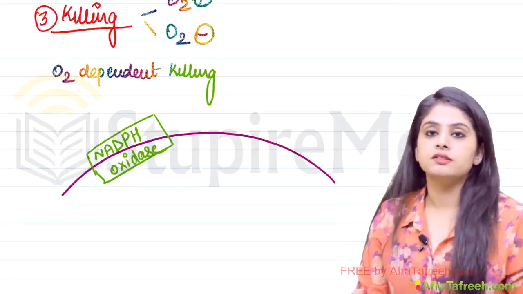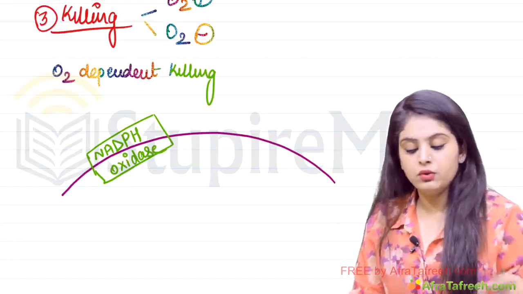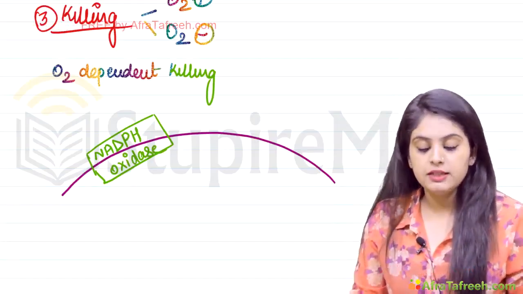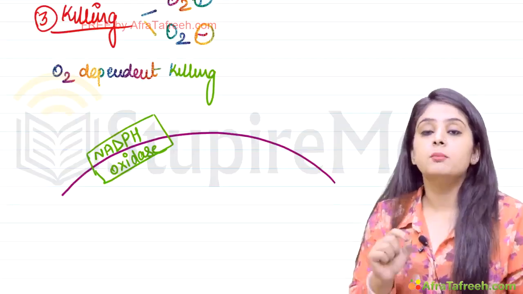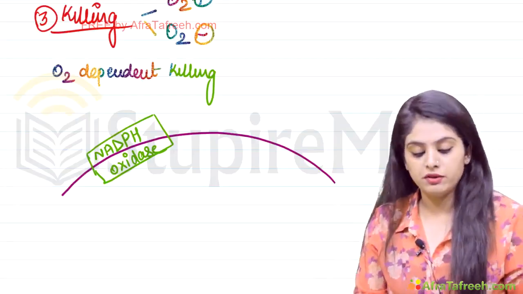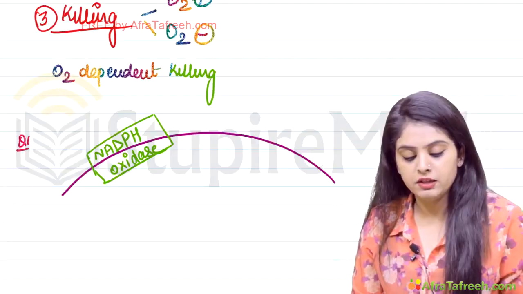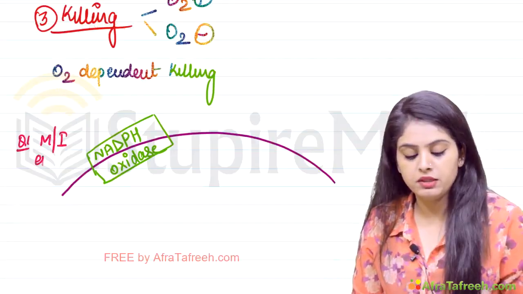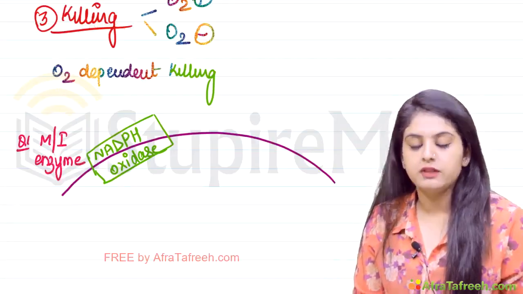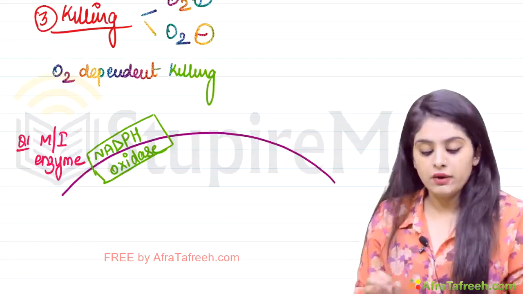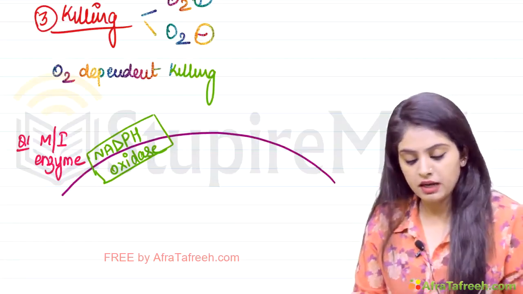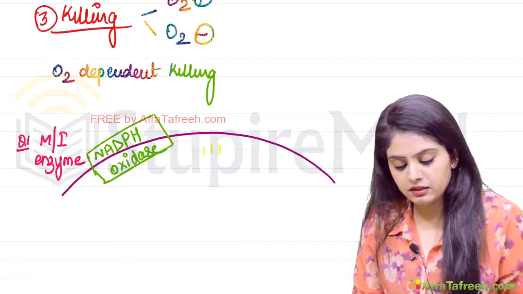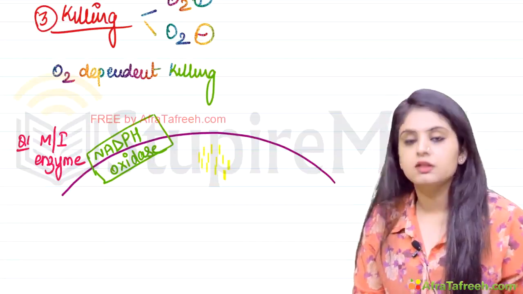NADPH oxidase. Now what do you need to know at the outset is, NADPH oxidase is the most important enzyme for phagocytosis. Question number 1. Now NADPH oxidase, parts of this enzyme are present in the cytoplasm.